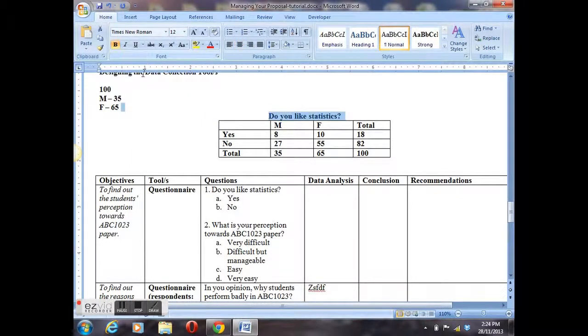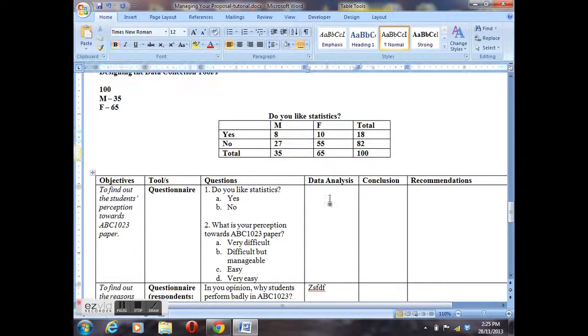It can be seen here that 18 out of 100 respondents said that they like statistics, whereas 82 of them said no, they do not like.